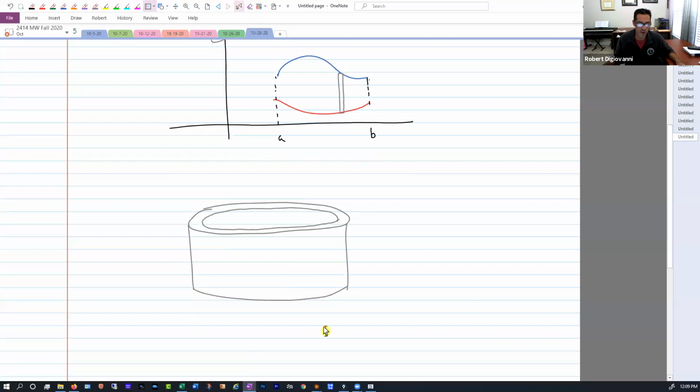Now, to consider the volume of this, here's what I'd like for you to do. I'd like for you to come in here with a pair of scissors, and cut this shell, cut it open, okay? So imagine cutting that shell and laying it out flat. So you have to imagine that this thing is, what's the word I'm looking for?